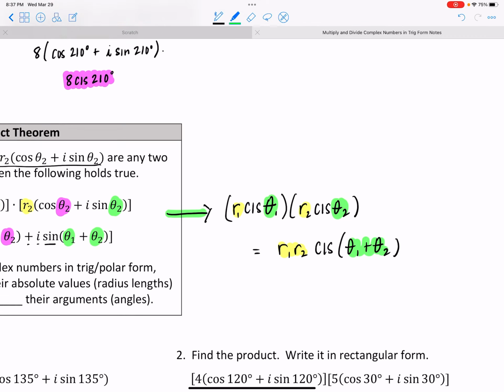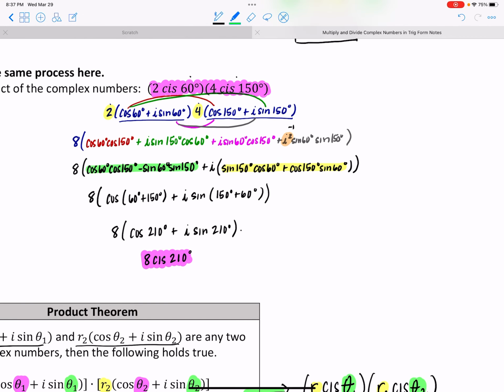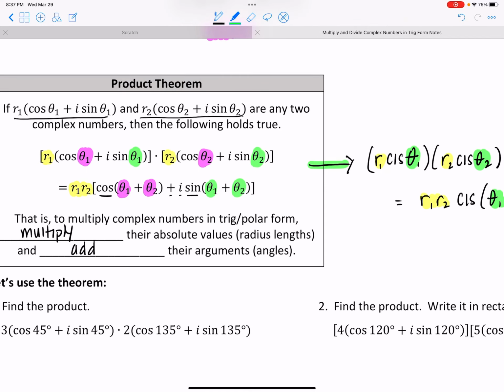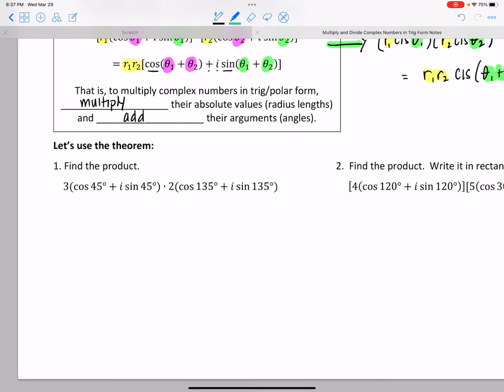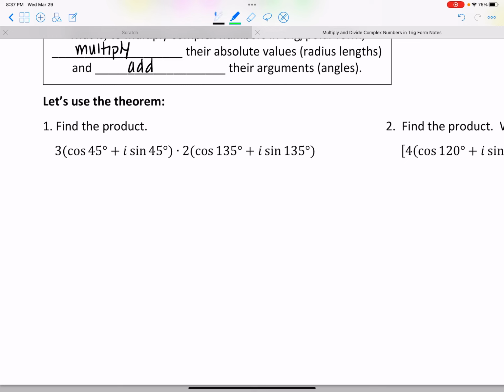Okay? So while this is where all that comes from, we don't need to do that work every time. So let's try this in the compact form. Now I like the compact form better, so I might rewrite these both in compact form. If I want to find this product, this is really just 3 cis 45, and then I'm going to multiply that by 2 cis 135.